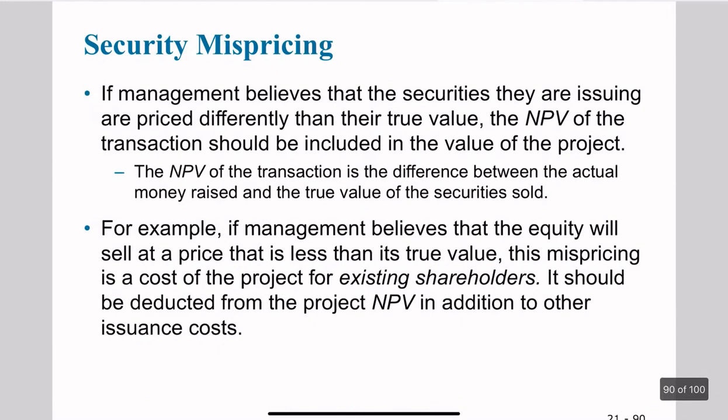Okay, the second realistic case we want to consider is security mispricing. If you recall Corporate Finance 2, we discussed security mispricing. Basically, due to the asymmetric information between the firm and the investors, generally equity will be underpriced.